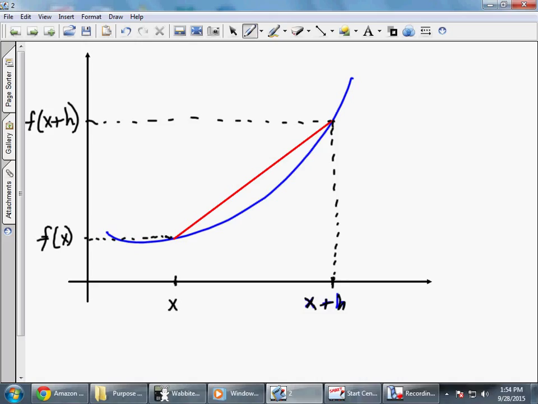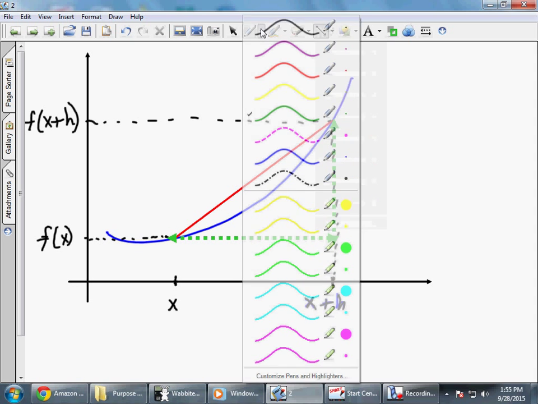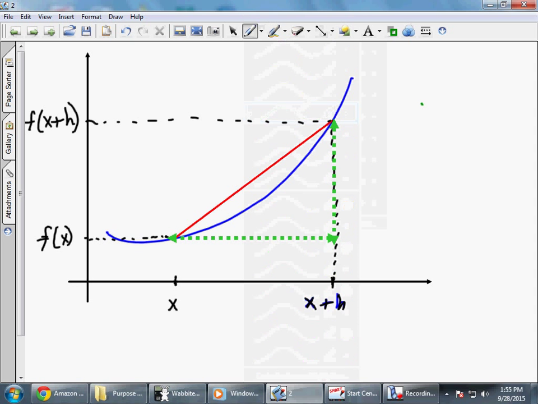Okay, so now riddle me this, Batman. If I have this triangle right here, this mean green thing, then we always do rise over run.